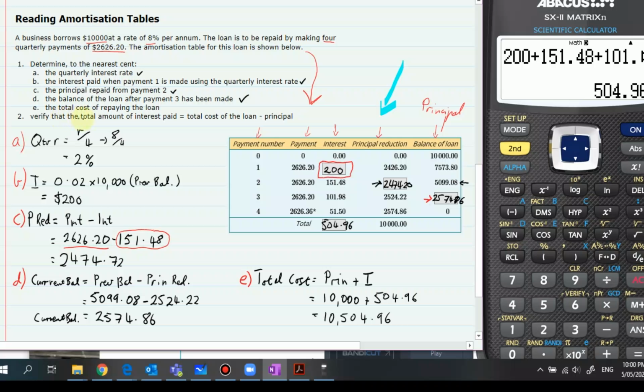Last part, verify that the total amount of interest paid equals the total cost of the loan minus the principal. We want to make sure that the total interest is equal to the cost of the loan, this section, minus the principal. Scroll down a touch here.